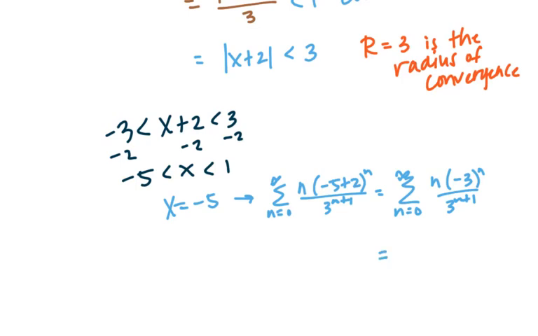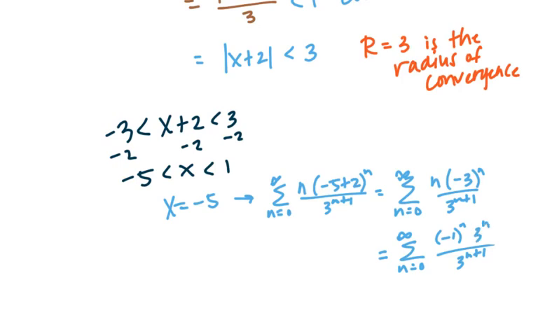So now let's write this as the series from n equals 0 to infinity. Let's pull out the negative 1 to the n, and then multiply it by 3 to the n times n over 3 to the n plus 1, because I left off a power.